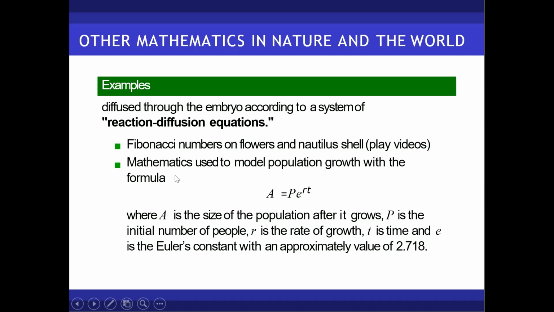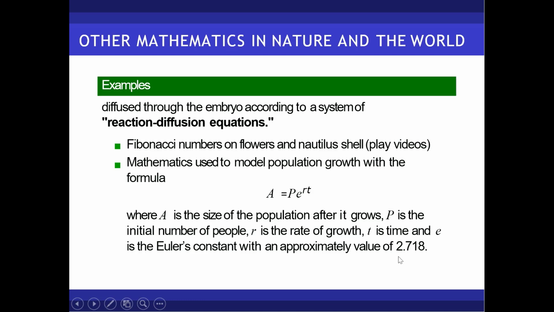And another example is mathematics used to model population growth with the formula A equals P times e raised to rt, where A is the size of the population after it grows, P is the initial number of people, R is the rate of growth, t is time, and e is Euler's constant with an approximate value of 2.718.